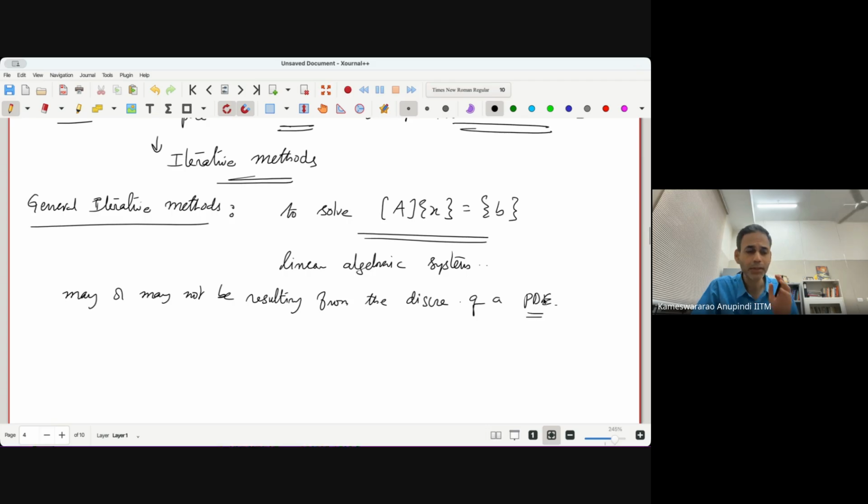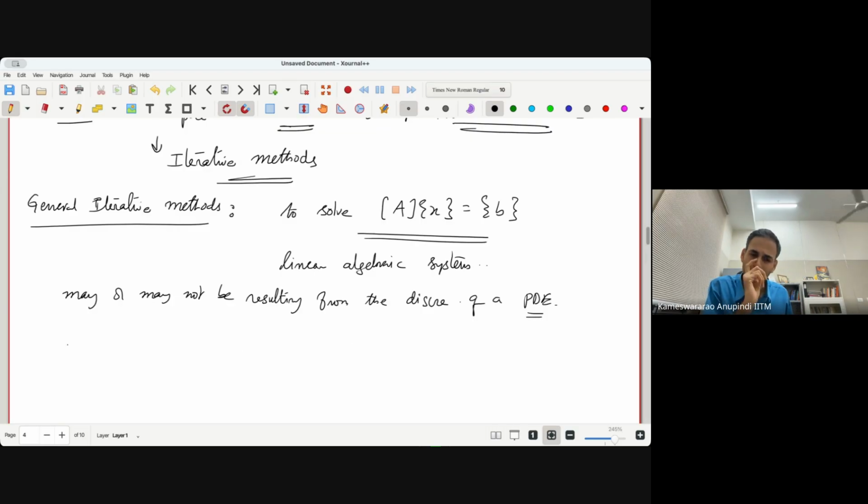In this case, we are getting Ax equal to b from discretizing a PDE, but the methods we are developing are not only applicable to these kinds of systems. If you have any Ax equal to b coming from any other discretization, you can still apply an iterative method. That is how we are going to develop the iterative methods.